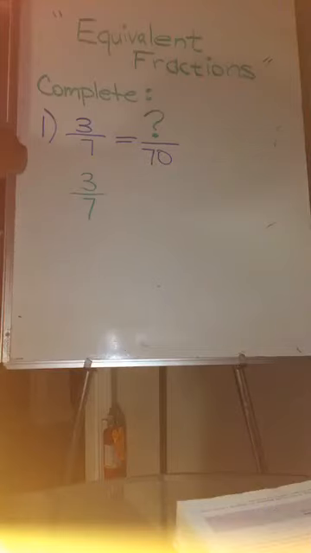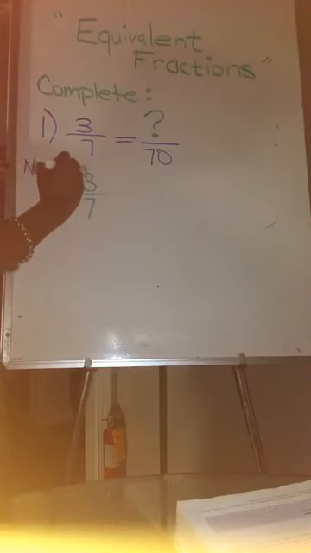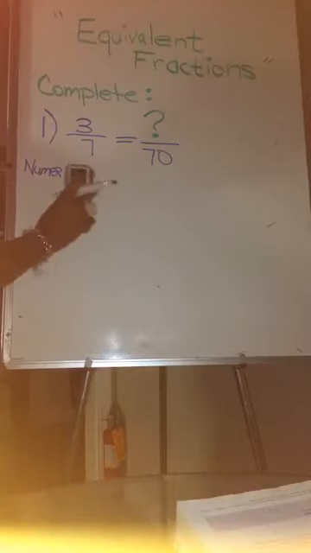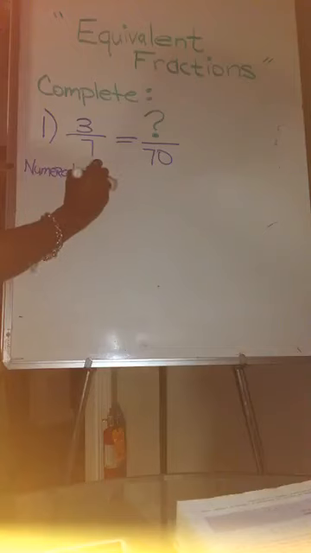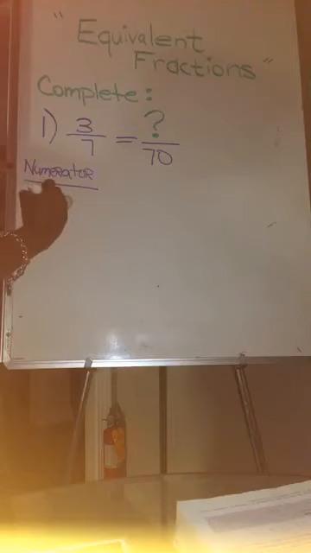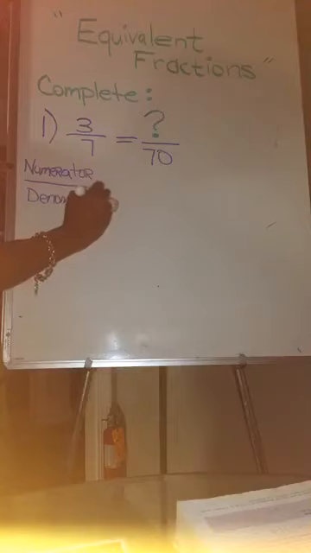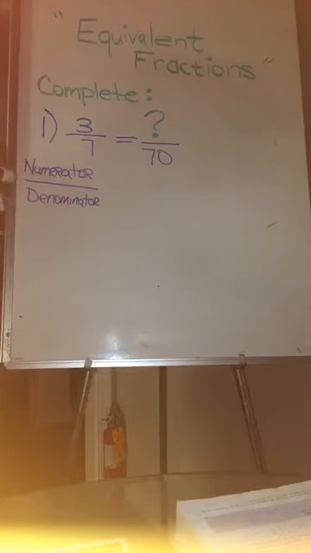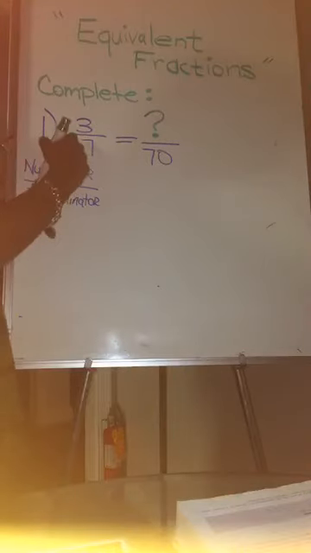This is called your numerator, divided by your denominator. Sounds like Terminator. Okay. So your top number is your numerator and your bottom number is your denominator.